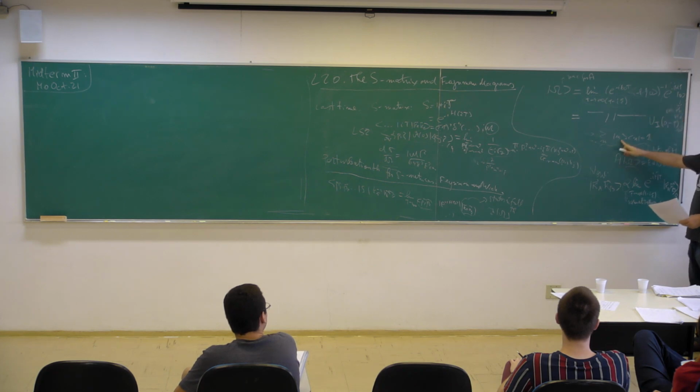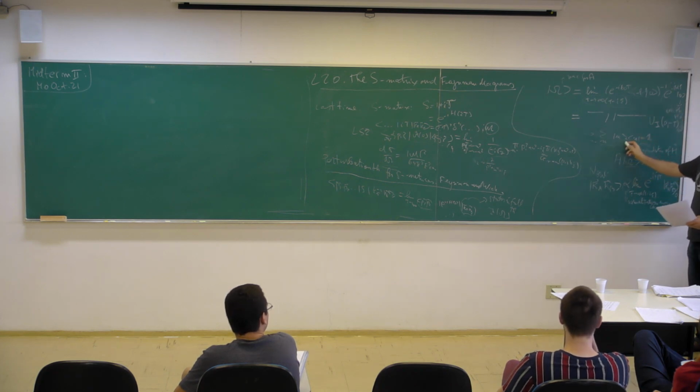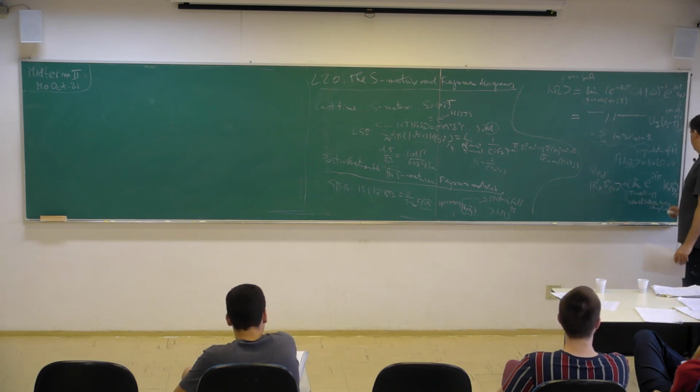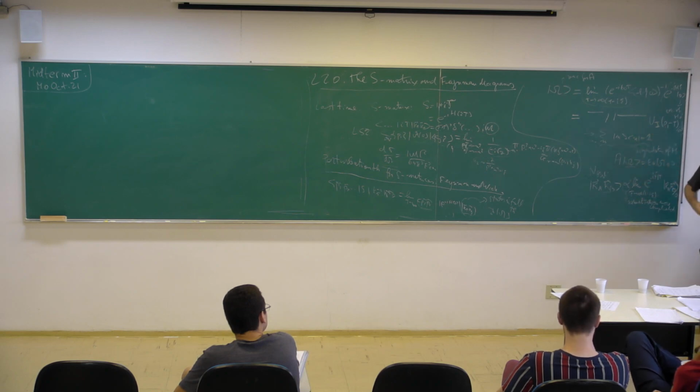Otherwise, in here they would act on a state n, energy n. But because of this limit, only the contribution to the vacuum state is relevant. So the proof is really exactly the same as far as this part is concerned. The only thing that's different is when we take the scalar product of two of these things to find out the normalization constant.